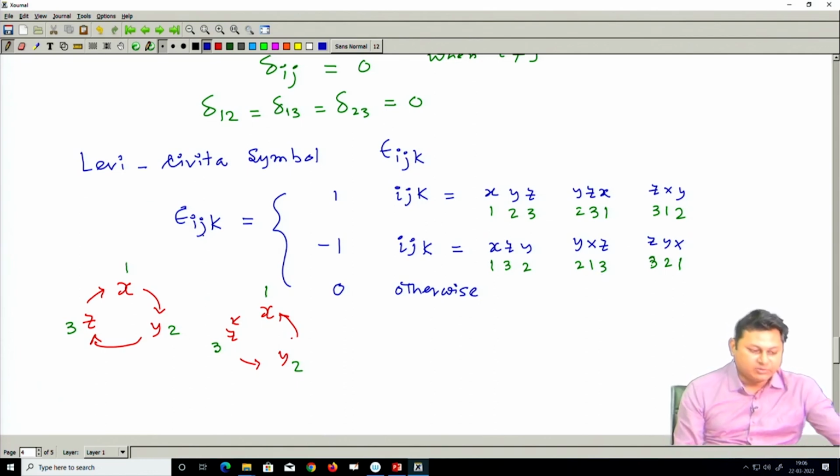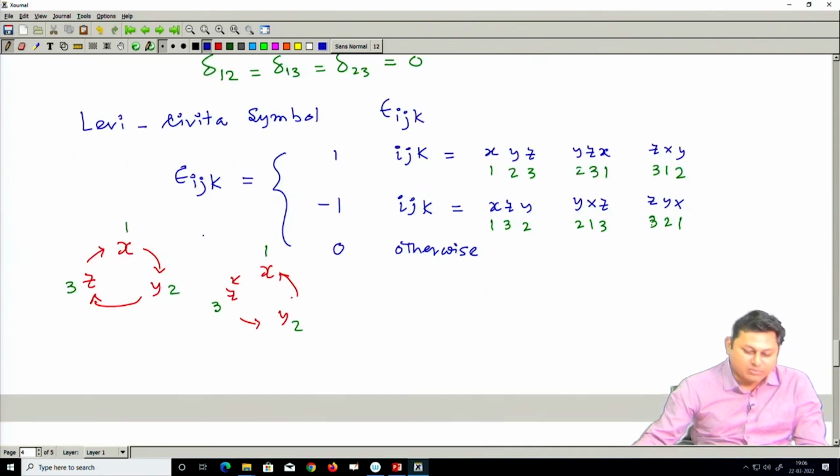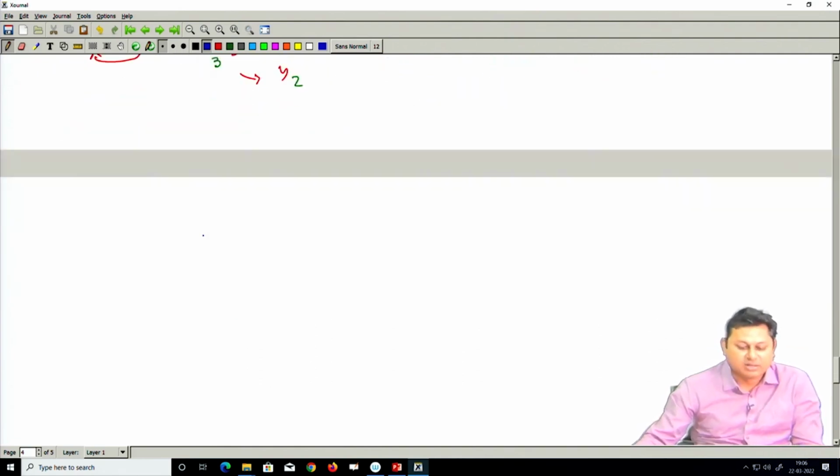How many quantities will be there, that I want the students to figure out by yourself, that how many epsilon i j k values you can have when i, j, k can take 3 values. i can take 1 2 3, j can take 1 2 3, k can take 1 2 3, and you can now find out how many epsilon i j k values there are. So, this is like a homework for you.